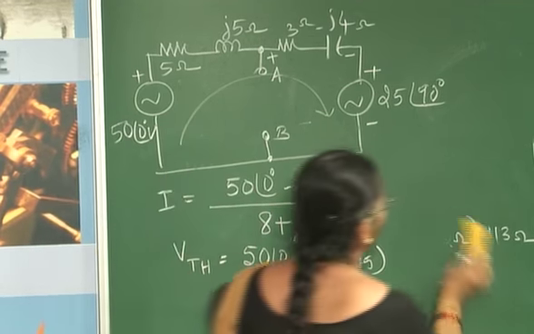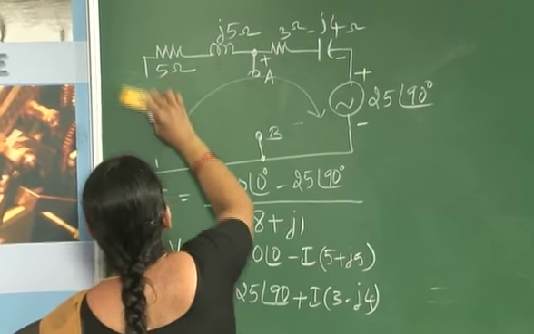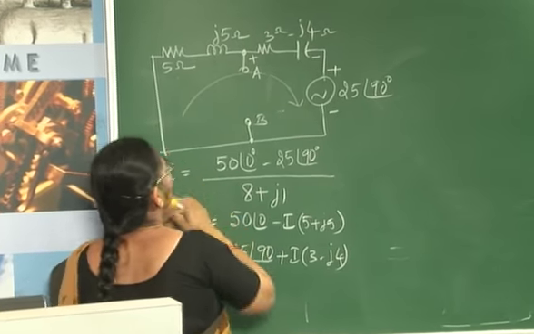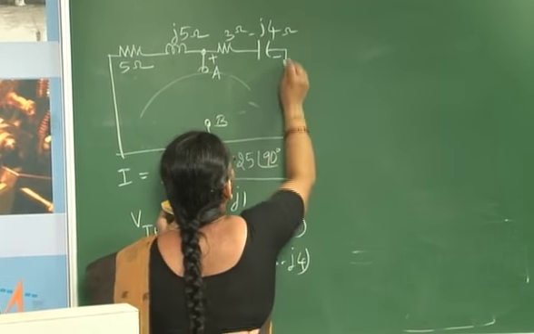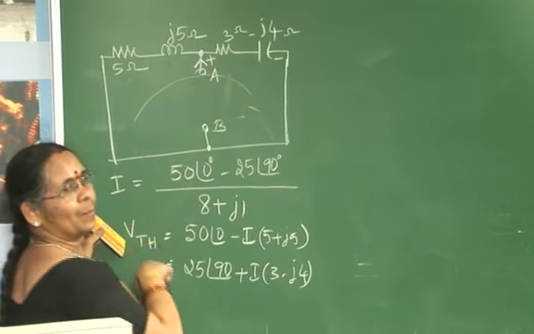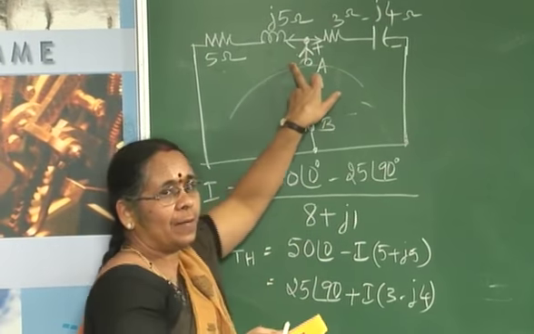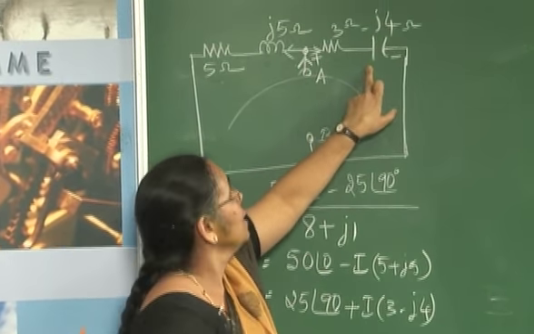So next you have to find the Thevenin's equivalent impedance. In order to find it, short both the voltage sources. Now send the current through the output terminal. So you find that the impedance 5 plus J5 is in parallel with 3 minus J4.